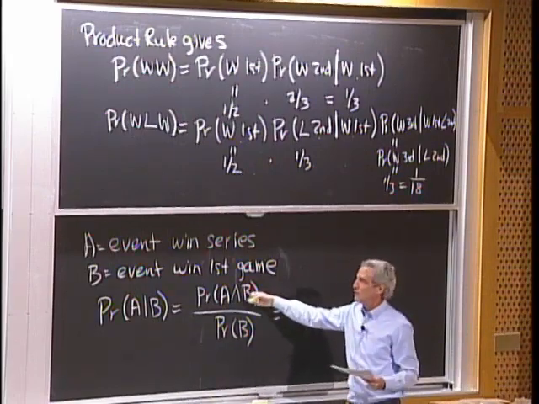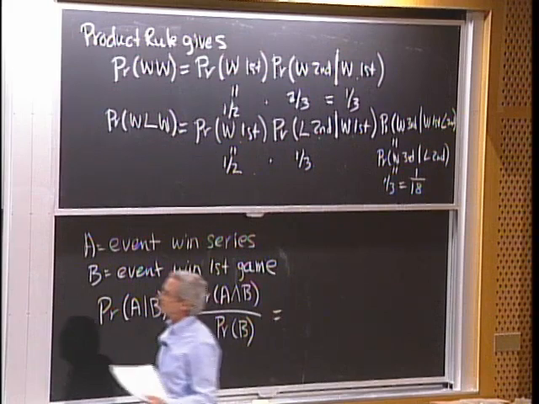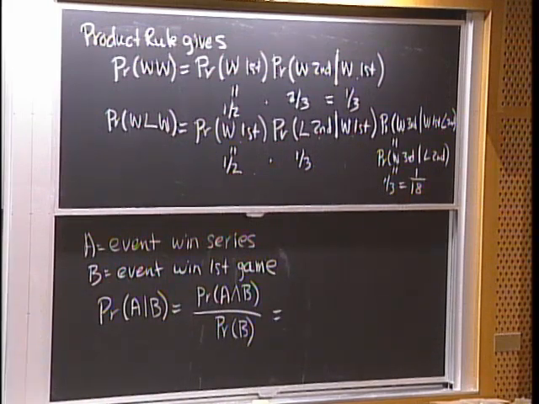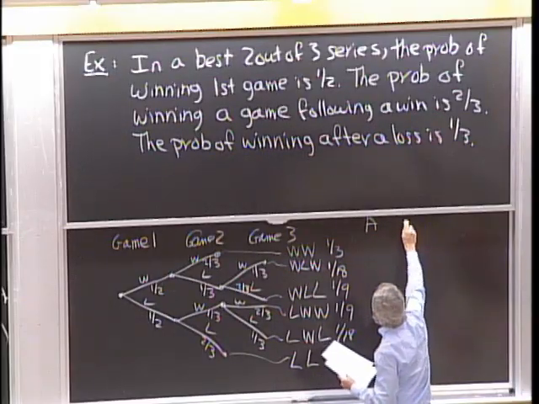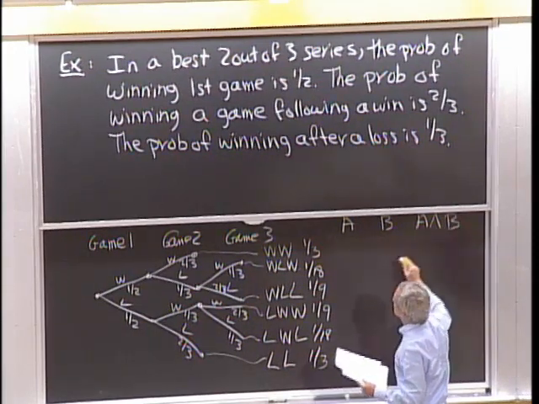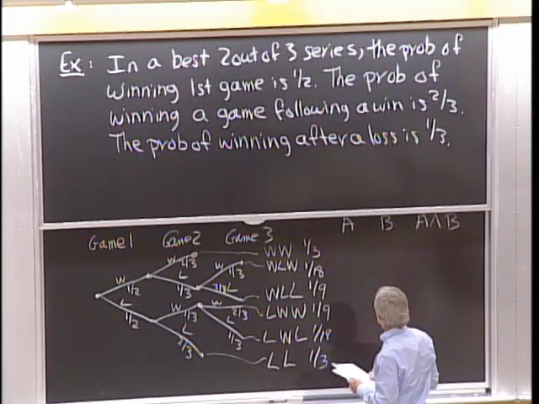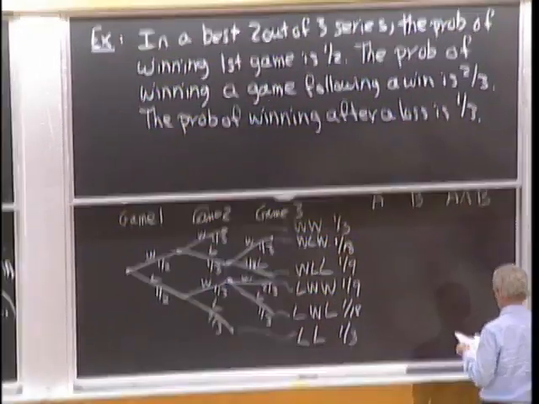So now I just have to compute these probabilities. So to do that, I got to figure out which sample points are in A and B here. All right, so let's write that down. There's A, B, A and B. All right, so A is the event that we win the series.